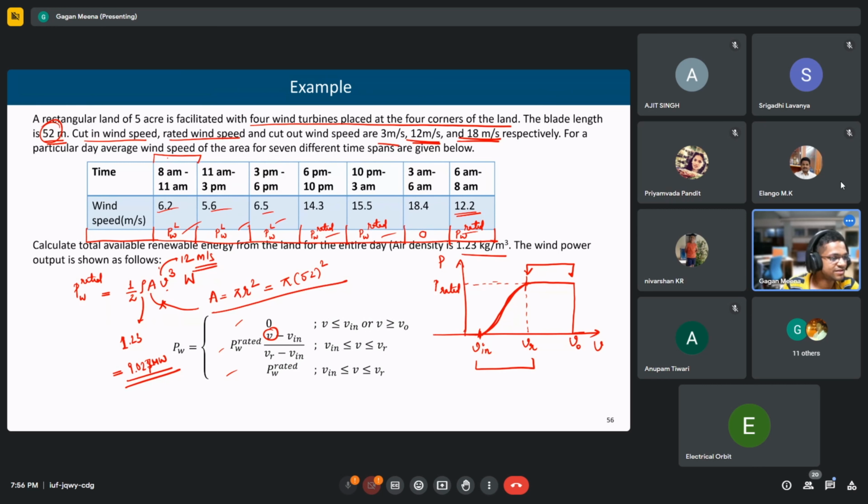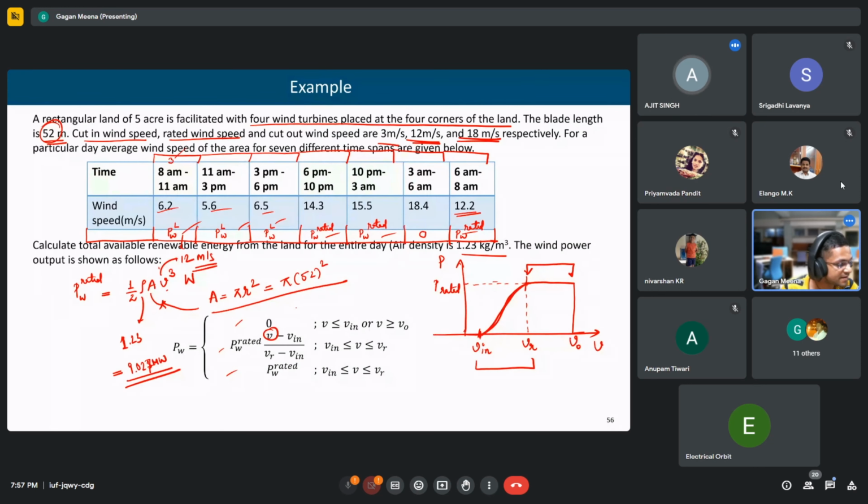How many hours is this? 8 to 11, 3 hours. For each of these you have to find the number of hours. For this one the hours are there but the energy will be 0. So find the power for each, multiply it with the duration, and you will find the energy.